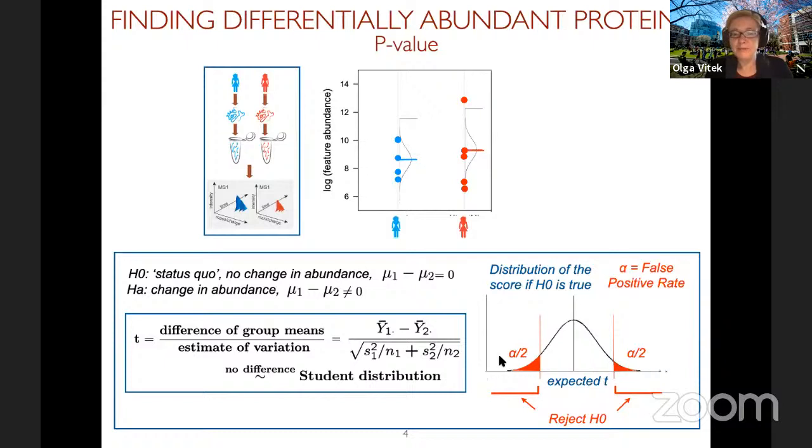So this is described with a probability distribution called the Student distribution. So this is a curve such that the area under the curve corresponds to the probability of an event. And so what we can do is to select a value, say 5%, which we allocate half of it in the left tail and half of it in the right tail.